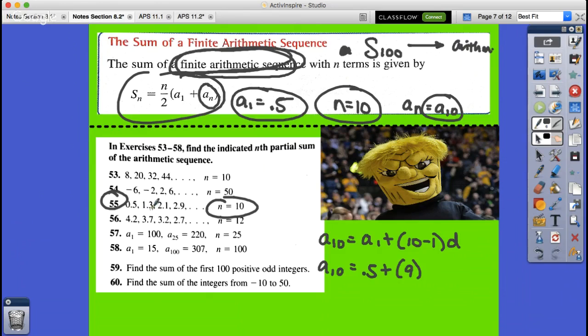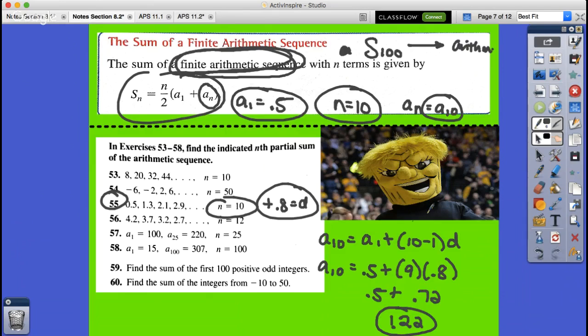From 0.5 to 1.3, I am adding by 0.8. So my common difference is 0.8. Okay? So 0.8 times 9 is 7.2 plus 0.5 would be 7.7. Hold up, that'd be 1.22? Is that right? I believe that's right. So 1.22 would be my A10.